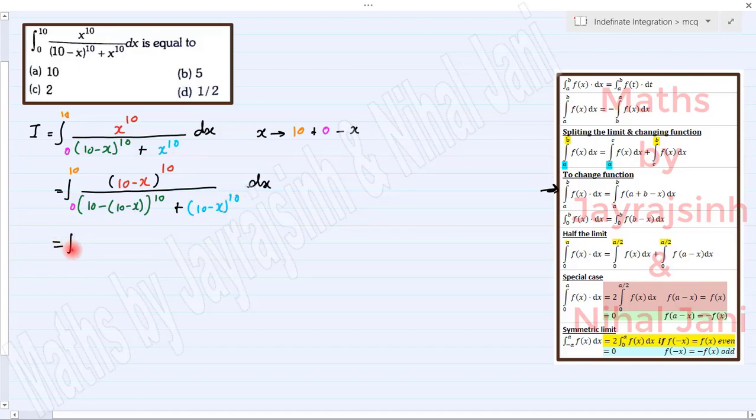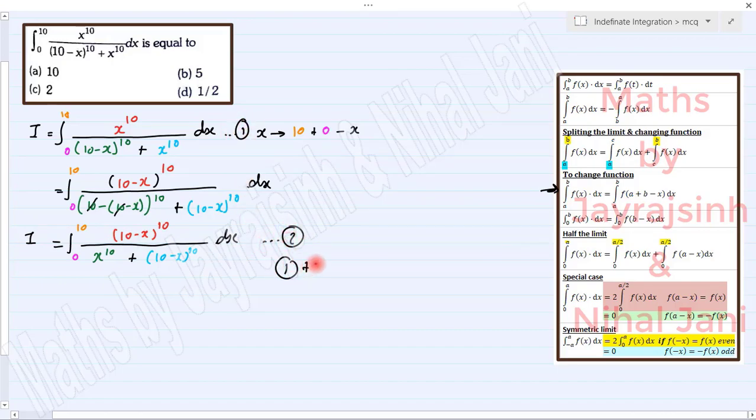So here we'll get 10 minus x raised to 10 upon this 10 will cancel out, and we will get x raised to 10, and 10 minus x raised to 10 will be as it is. So let's say this is your equation number 1 and this is your equation number 2.